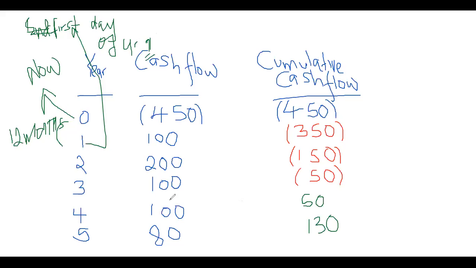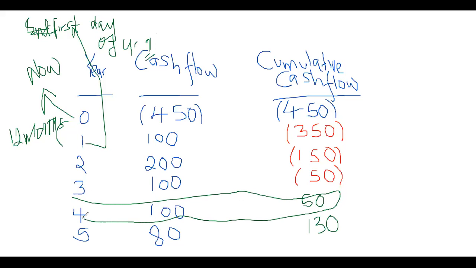So what it means is that in year three, because your payback period was here, it shows that by the end of the fourth year you have a surplus cash flow of how much? 50.